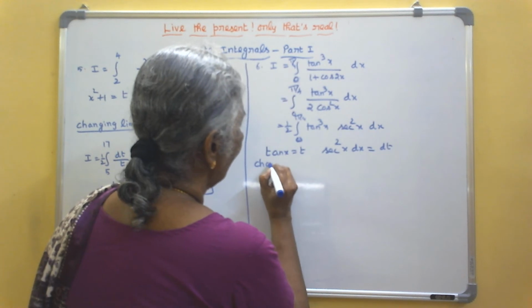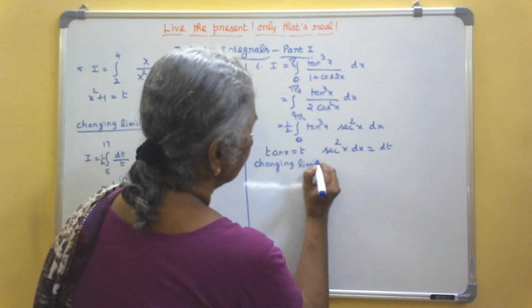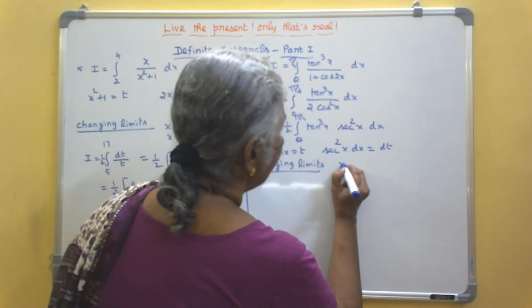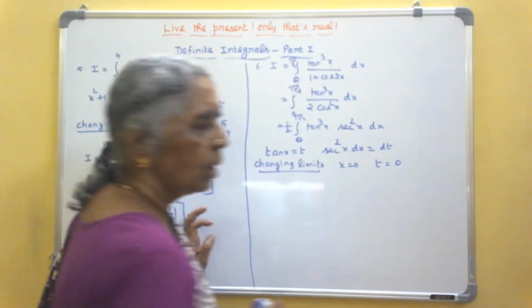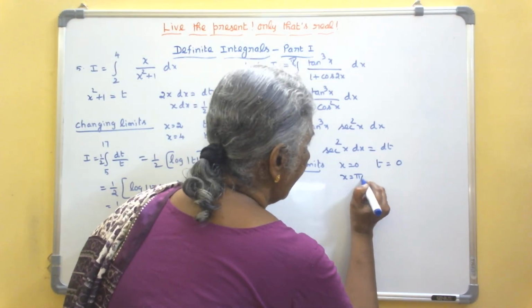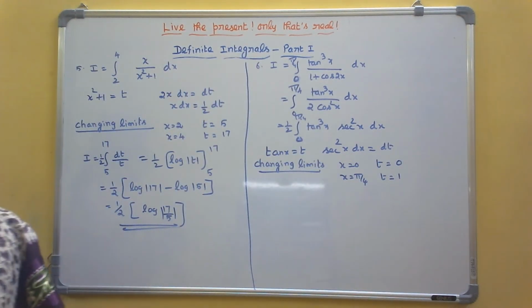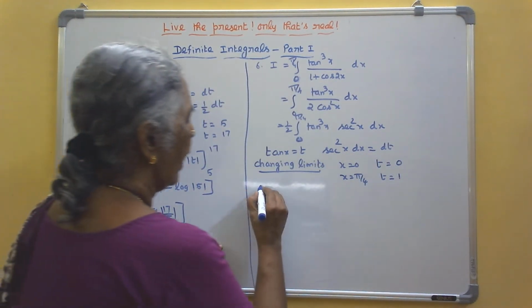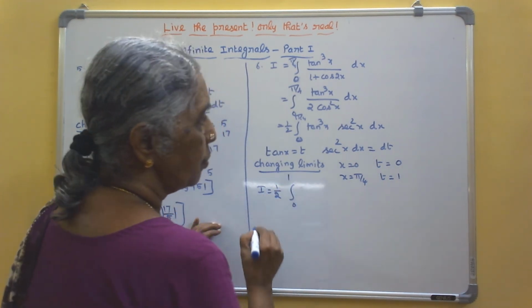Change limits, don't forget, changing limits. x is equal to 0. So t is equal to tan 0, which is 0. Then upper limit, x is equal to pi by 4. t is equal to tan pi by 4, which is 1. Okay. So now the I will become, you have a half outside, the limits will be now 0 to 1.